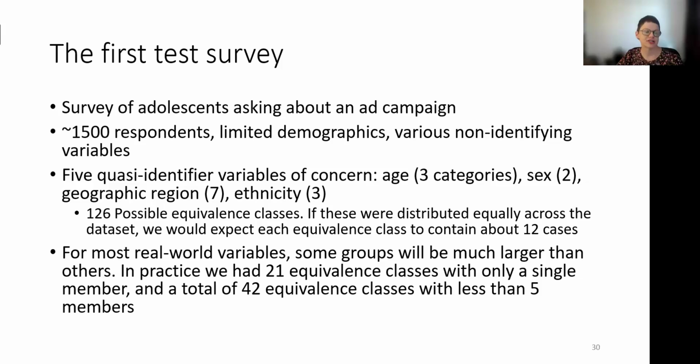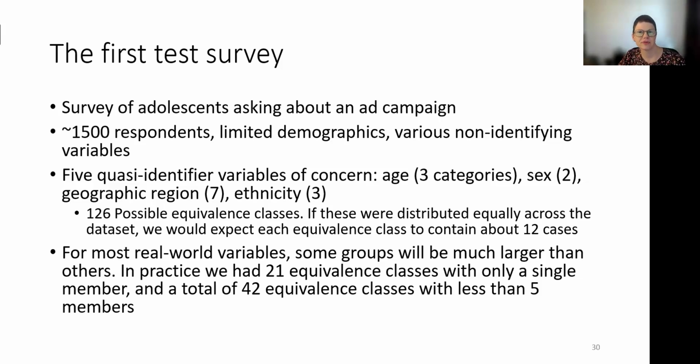So the 5 quasi-identifier variables that I focused on along with my colleagues were things like age and sex. Age had 3 categories. These were young people, like 12 to 13, 14, 15, and 16 to 18 or something like that. And then sex, and then geographic region. Canada is a big country. There were 7 regions we were looking at.